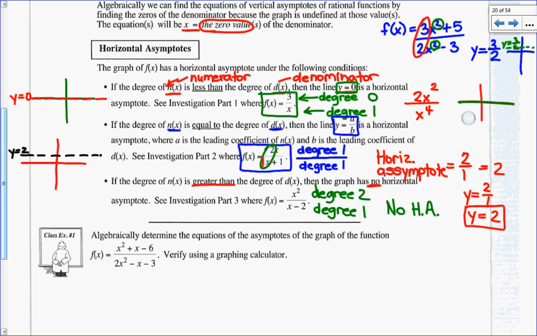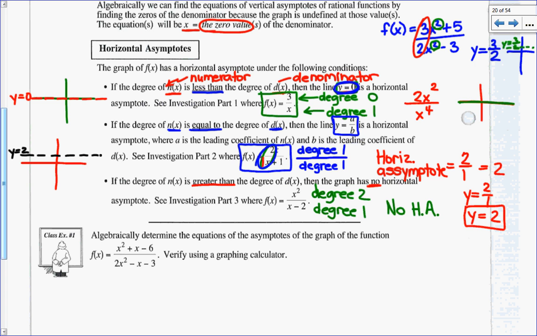Now, these are the 3 choices. So you will either have a horizontal asymptote of y equals 0 if your degree in your numerator is less than the degree of your denominator, or you will have a case where if you have the same degree, your degree on top is equal to the degree on the bottom, then it is the leading coefficient on top over the leading coefficient in your denominator.